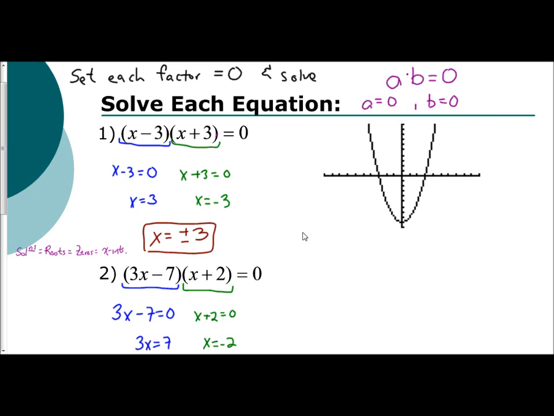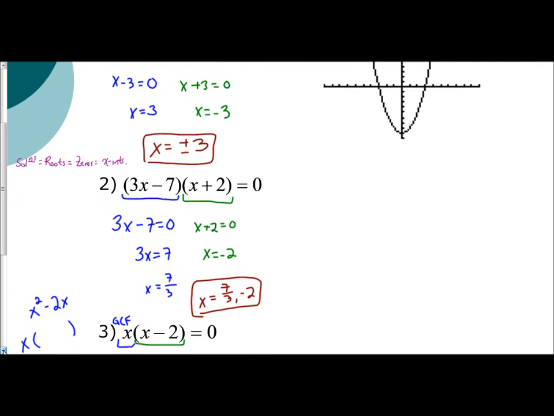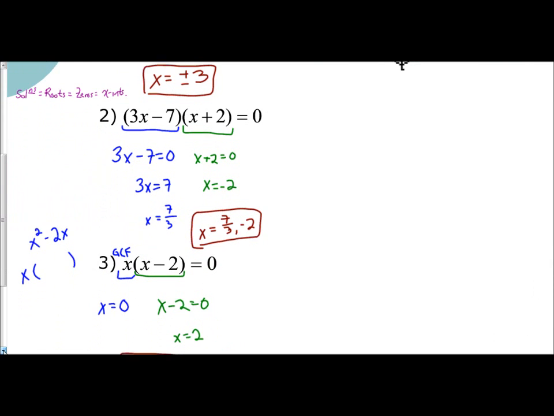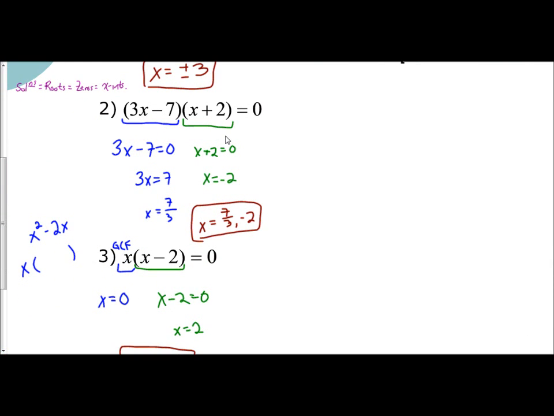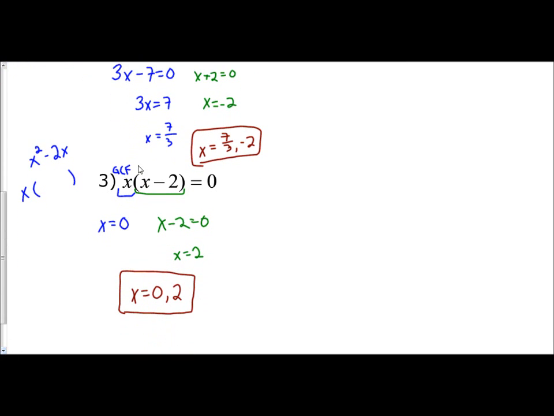So this is another way, we've solved by graphing, we realize that your solutions are your x-intercepts, they're your zeros. Another way to find your zeros, to find your solutions, is to factor. And so let's try just one more. We'll look at just number 3, because that's a little unique, like I said, with that GCF there, instead of a parentheses.